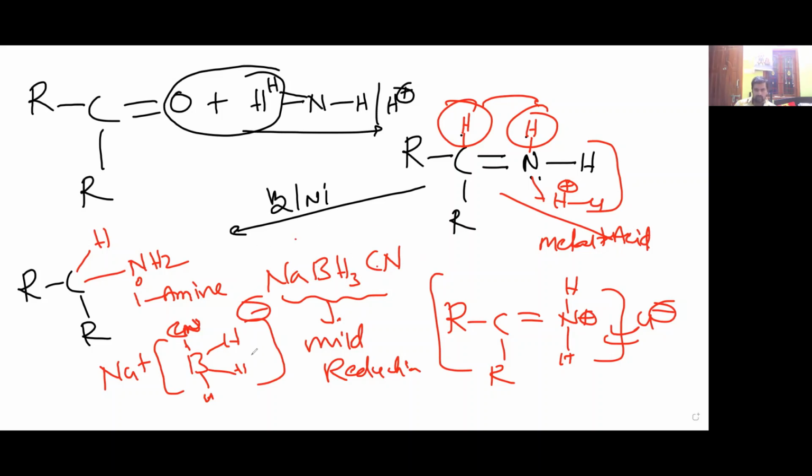This sodium cyanoborohydride is added for mild reduction. From it, two hydrogens come and add to the carbon and nitrogen. So this is very simple: one hydrogen is added to carbon, another hydrogen is added to nitrogen. I hope it is clear. This is primary amine preparation.